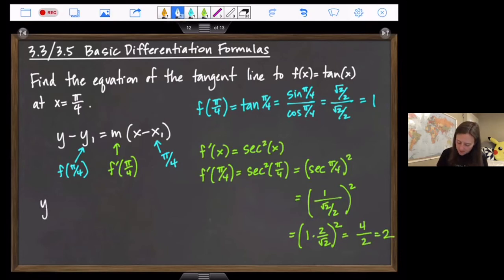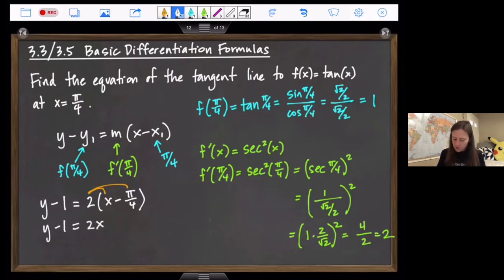All right, so let's go plug those into our line. So I've got y minus f of pi over 4 was 1. Our derivative is 2. And x minus pi over 4. All right, so just a little bit of simplification to make this easier, and then we'll go take a look in Desmos. All right, so y minus 1 equals 2 times, let's see, we'll do this in my scratch work, 2 times pi over 4.